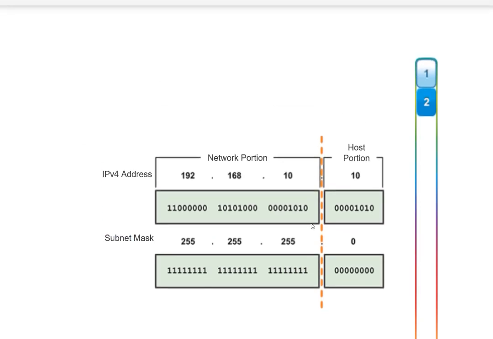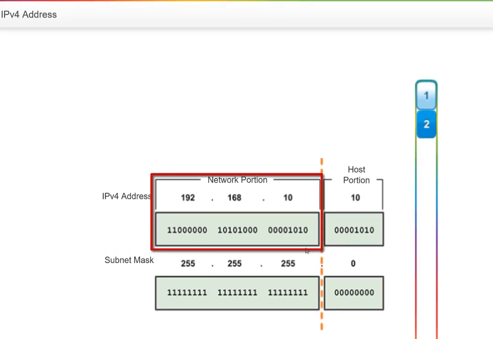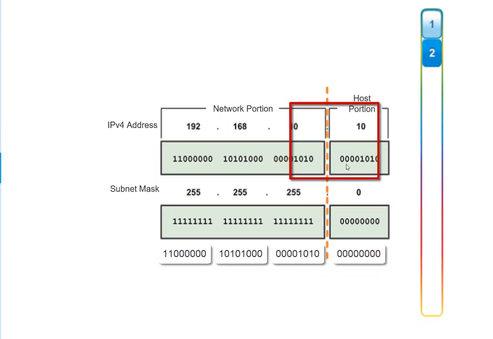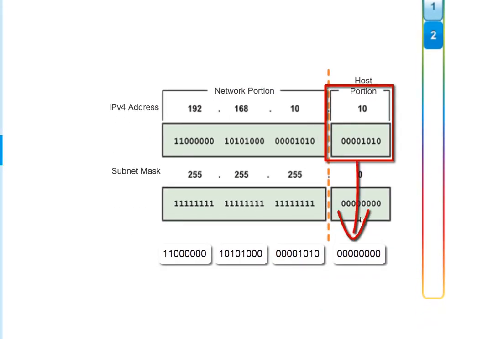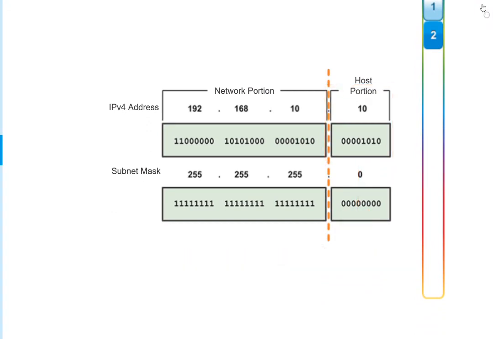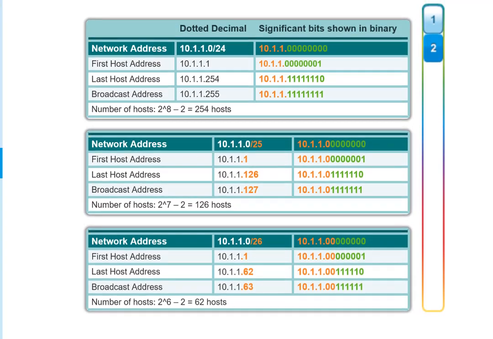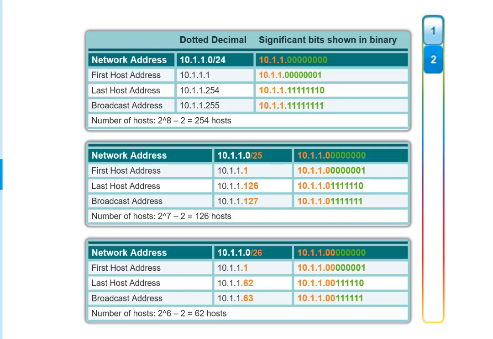This means that the first three numbers will stay as is, and the other part will be all zeros, as we can see here. So this way we can separate the network part from the host part. This is the way that we calculate the network part using the subnet mask.